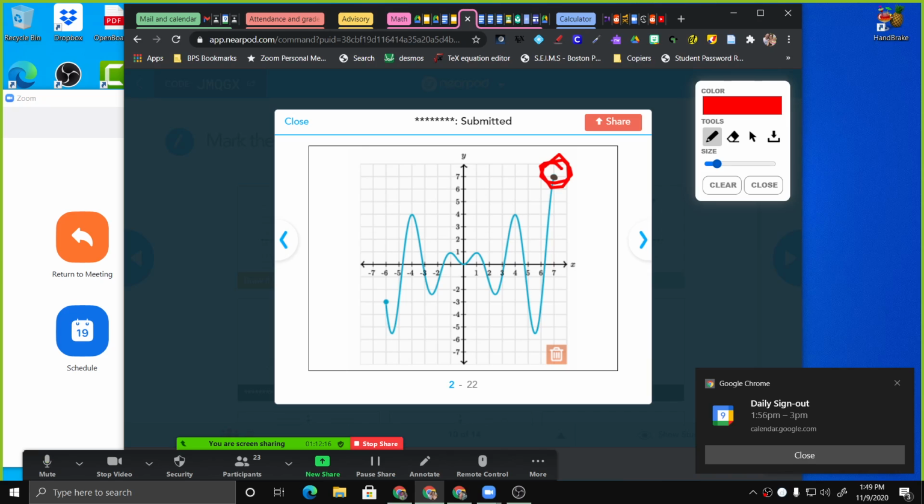You're correct. Let's complicate things. Is that point also a relative maximum? This point right here, the absolute maximum, is it also a relative maximum?